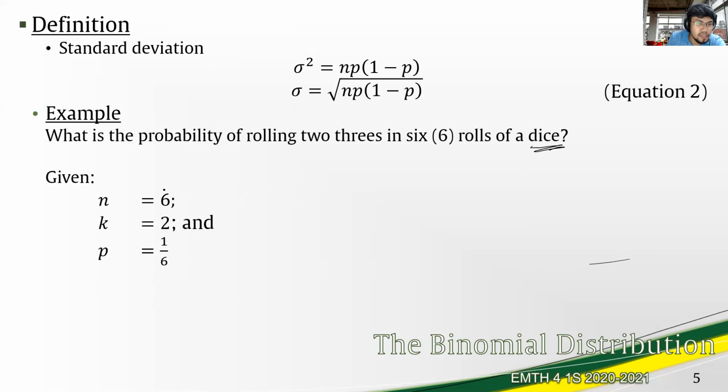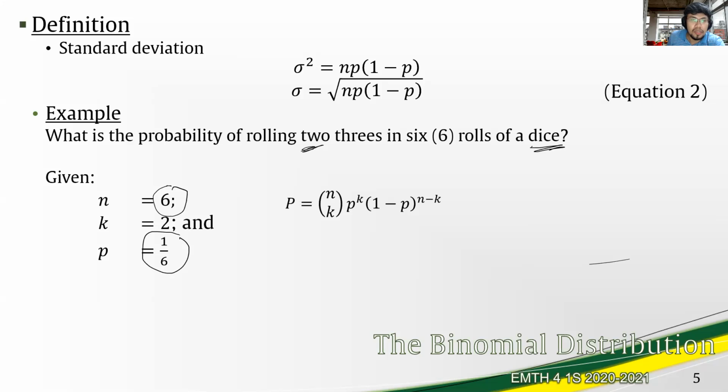Anyway, so 6 is the n, k is 2, and the probability is given, the same for all events in a die rolling event. And so we can now solve this. We have the formula, n taken k times p raised to k times 1 minus p raised to n minus k.